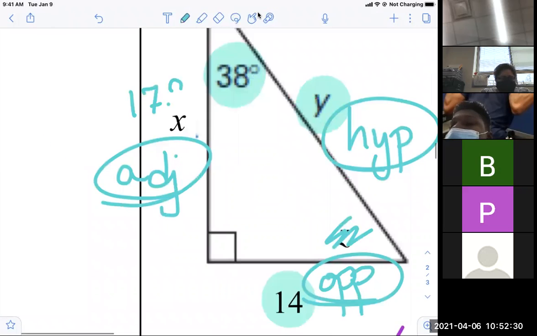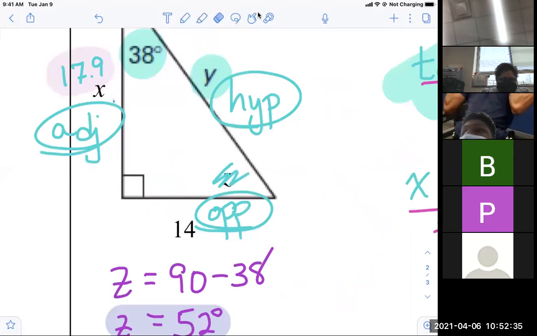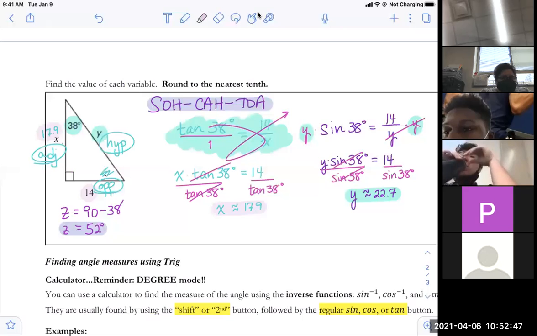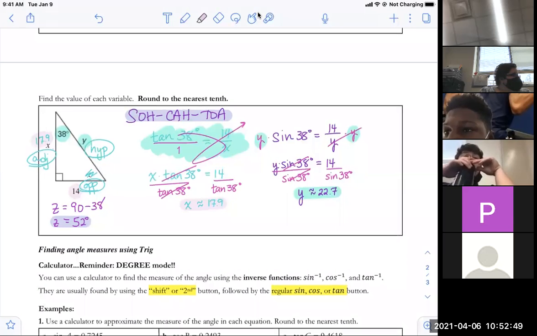What is another way that you can find the y value from those two numbers? Pythagorean theorem. So if you prefer to do the Pythagorean theorem, that's okay. It's not necessarily faster, it might be, but you have to do trigonometry at least one time, because when you don't have two legs, you can't do the Pythagorean theorem. So you're going to have to find either x or y prior to doing the Pythagorean theorem. So this is another option.